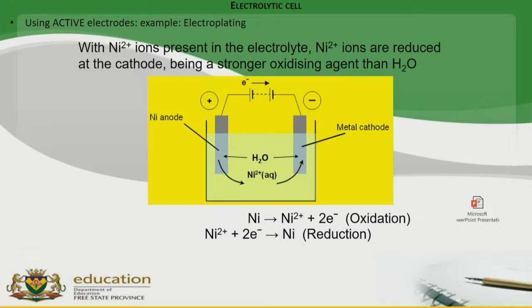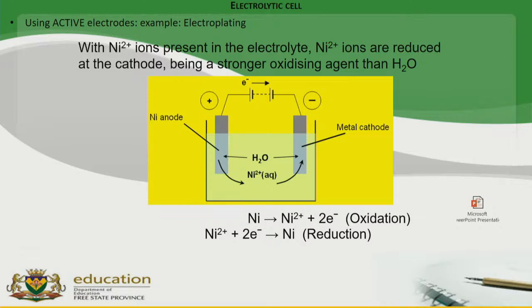And the rate at which nickel is oxidized to nickel ions equals exactly the rate at which nickel ions are reduced to nickel. Since these rates are equal, the concentration of the nickel ions in your solution will remain constant. Why?